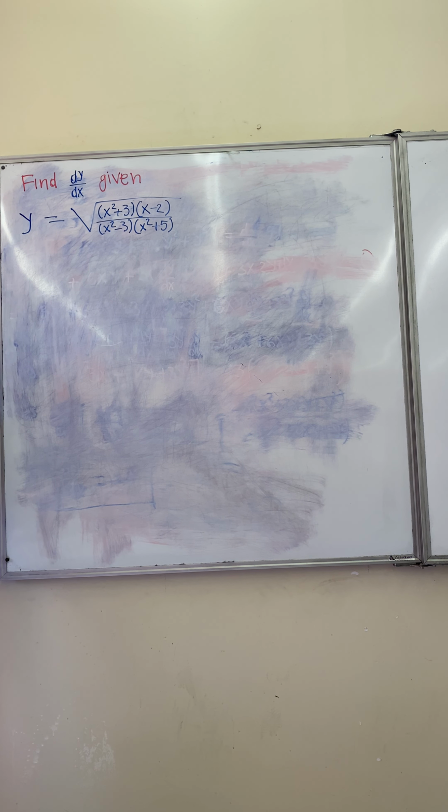So the first thing, before you do the dy/dx, which is a differentiation, you're just going to simplify this expression. How are you going to simplify it? The first step, we're going to introduce ln to both sides.